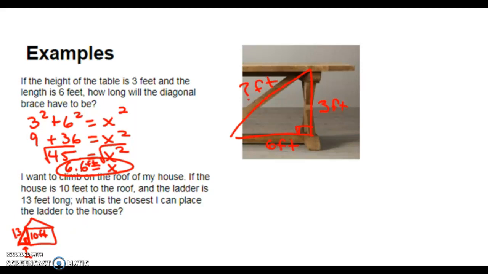So we have A squared equals 13 squared minus 10 squared.